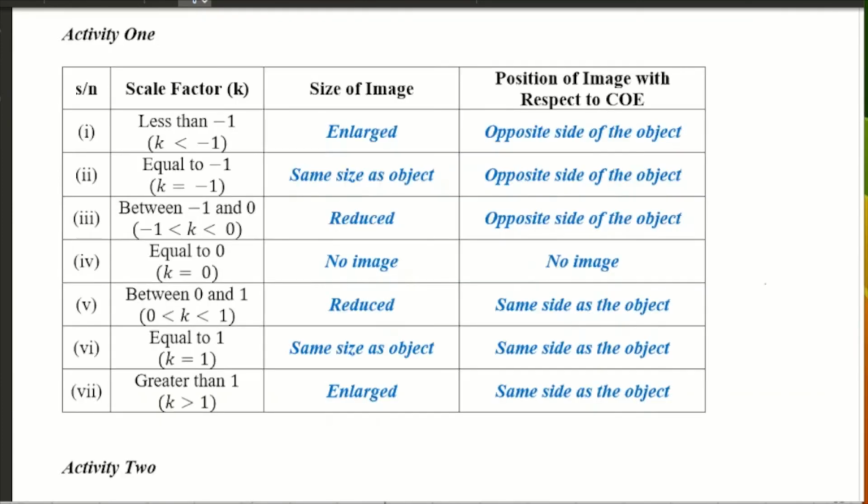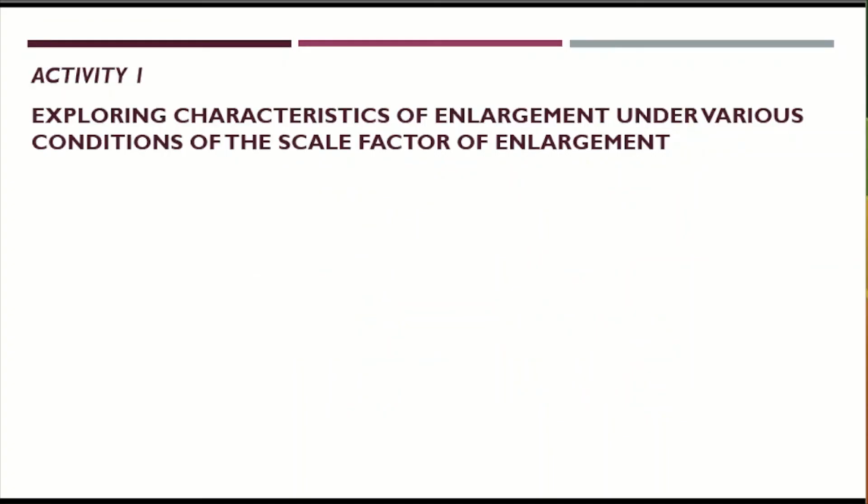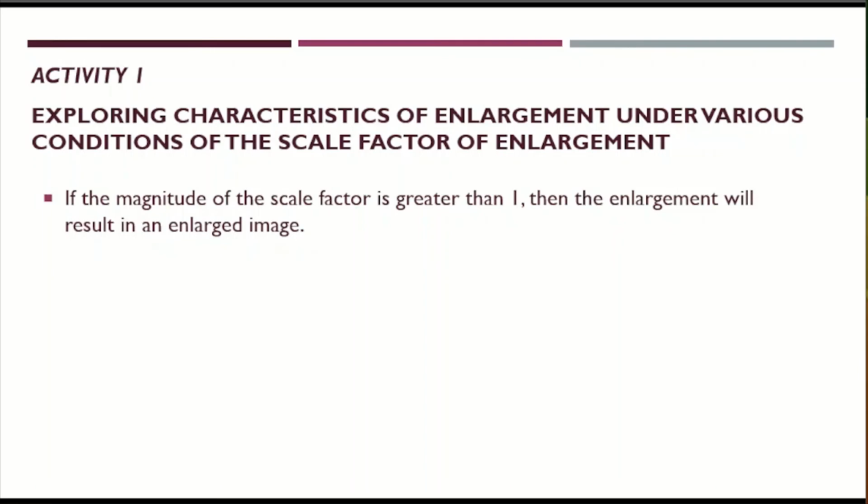If you filled your table, you would have results similar to what is observed here. In summary of activity 1, we can say that if the magnitude of the scale factor is greater than 1, then the enlargement will result in an enlarged image, or an image with an increased size as compared to the object.